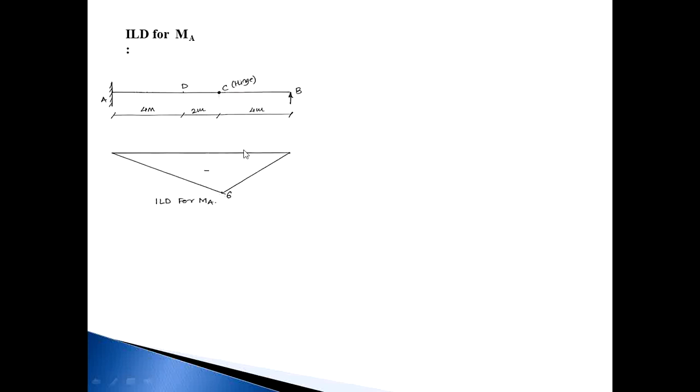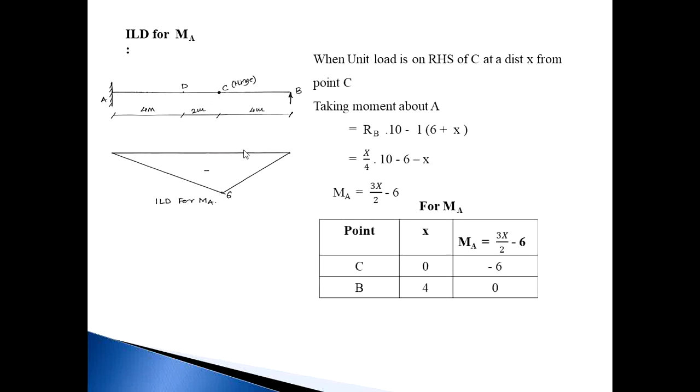Then next, ILD for MA. First, consider when the load is on the RHS of C at a distance of x from point C, meaning the load lies between C to B. Now I want to draw the moment for MA.